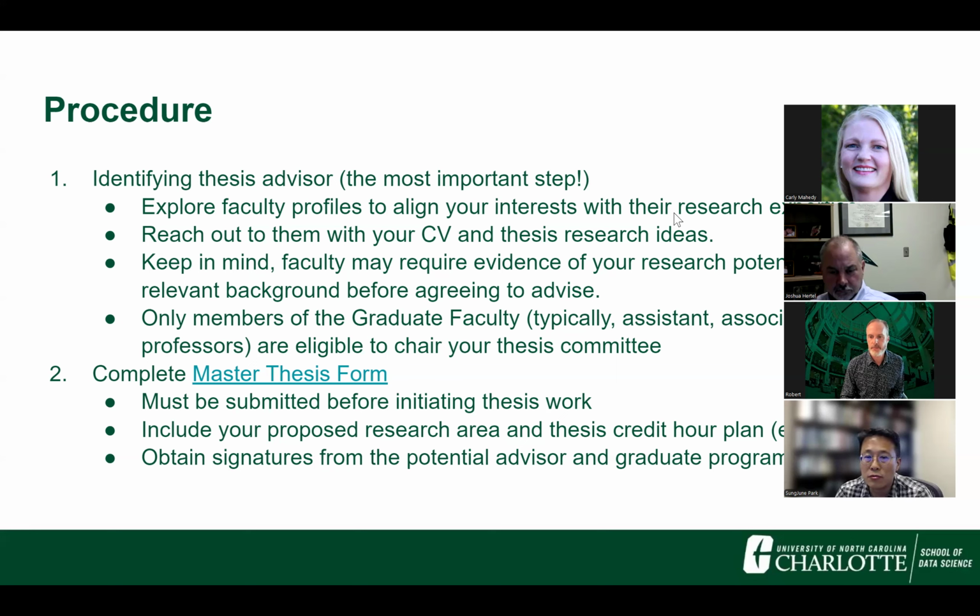You also have to specify your credit hour plan, whether you want to take it in 2 semesters, 4 semesters, how you distribute these credit hours. Then you submit this to your advisor, get the approval, and also send it to the graduate program director, and you get the final approval. Then you can start working on your thesis. All of these have to be done before enrolling in the thesis research course, which is, I believe, DSBA 6991.